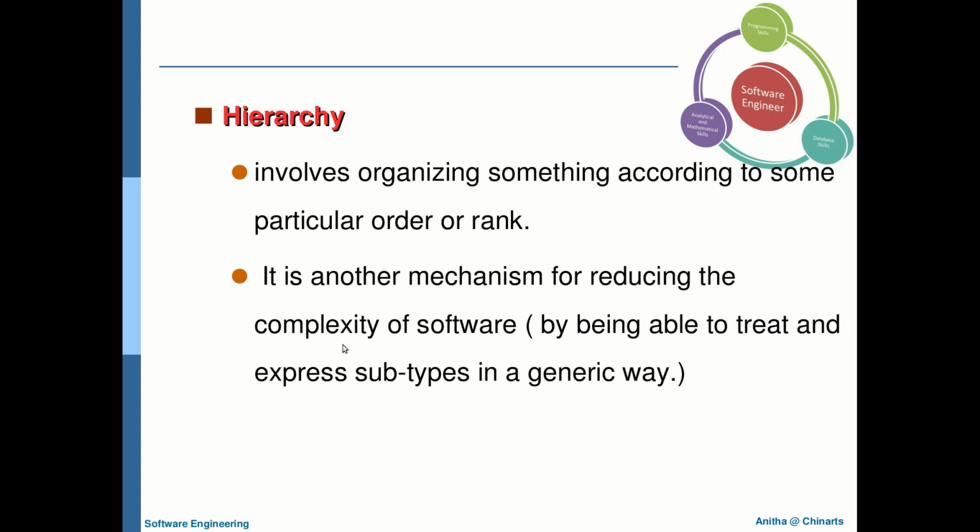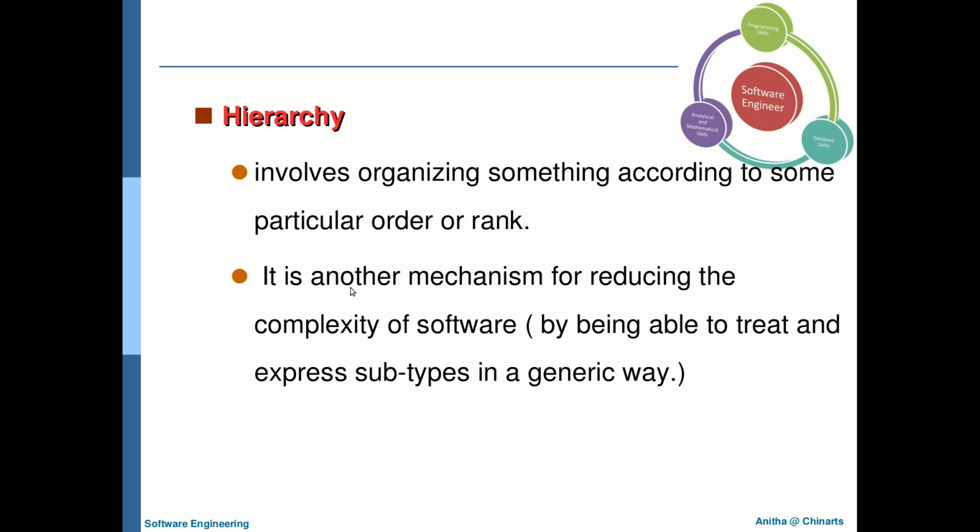Because when you have a large and complex problem, you will start decomposing it. Whenever you decompose a particular object or concept, obviously you will have the next level in that decomposition. So when you have different levels in the decomposition, obviously you are going to have a hierarchy.